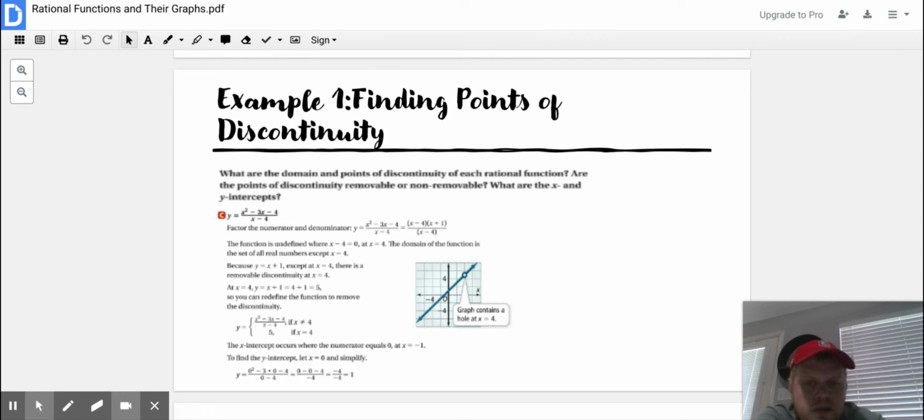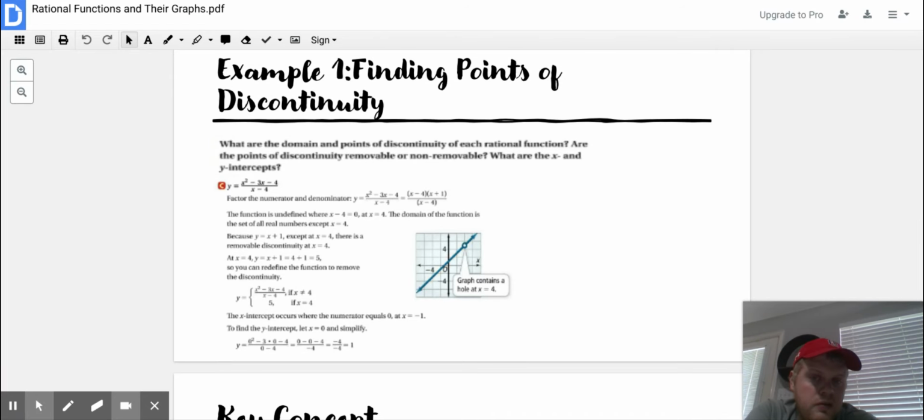When simplified, that should reduce down to, oh sorry, positive 1. So again, to find the x-intercept, you're using the numerator. To find the y-intercept, you're plugging in 0 for every single x. Okay? All right.